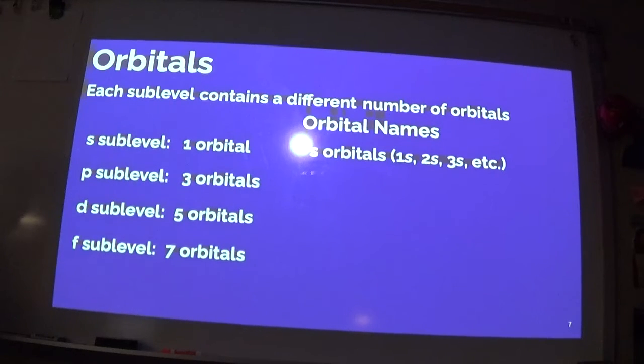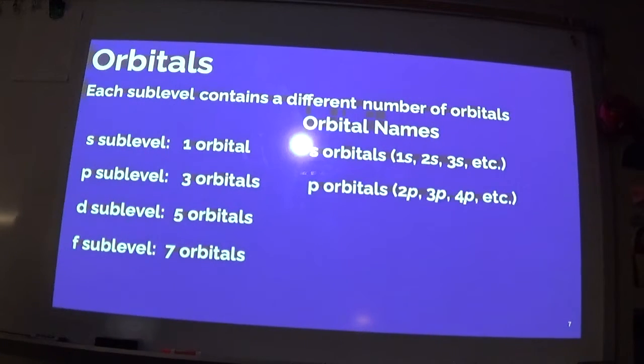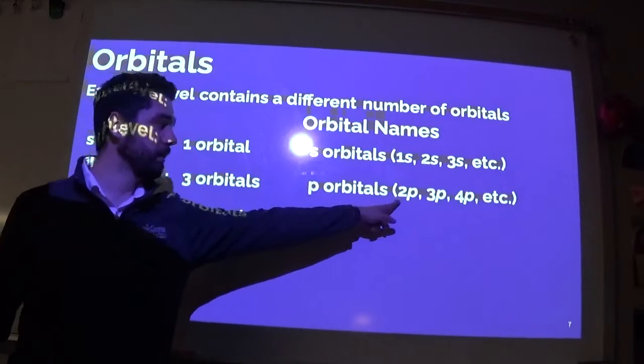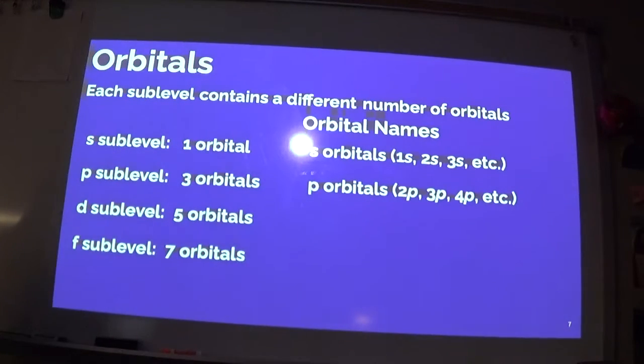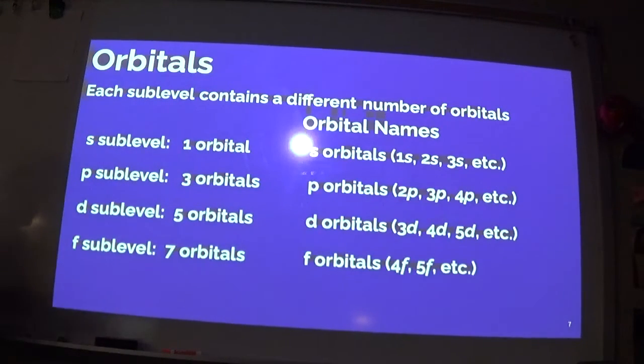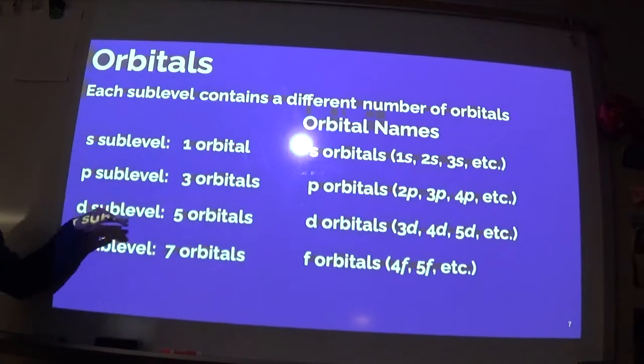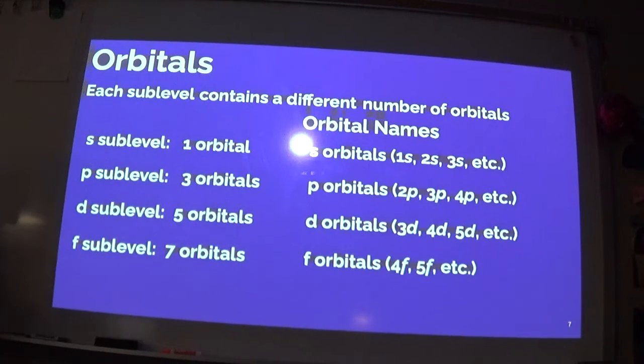If I have a P subshell, those orbitals are labeled the same way: 2p, 3p, 4p, whatever energy level you're on. Notice there's no 1p. 1p was not a thing. Same idea for the other ones. You name the orbitals based on what subshell they're in. Same naming system. These are the little pockets where the electrons are going to live within the overall cloud.